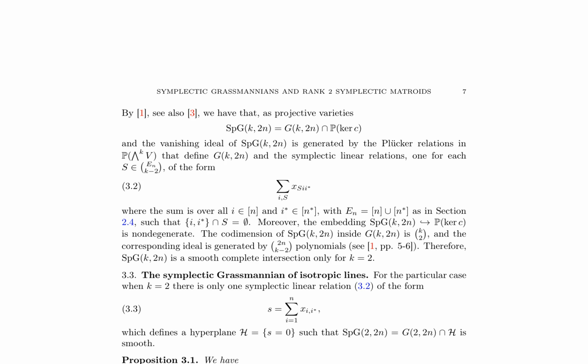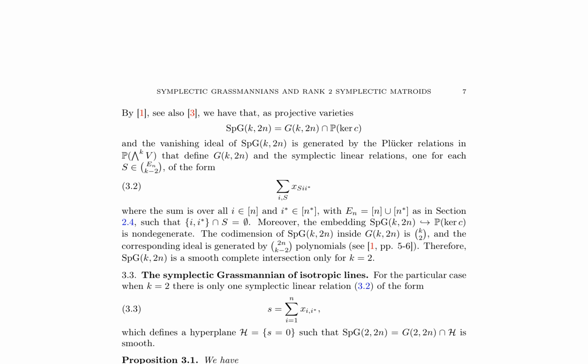In this context, the embedding of SPG(k, 2n) into projective space is non-degenerate, meaning it does not collapse or become singular at any point. Moreover, the codimension of SPG(k, 2n) inside G(k, 2n) is k squared, indicating the dimensionality difference between these two spaces.